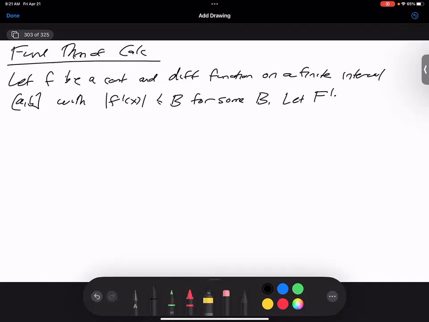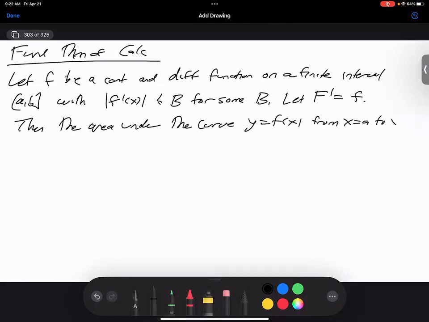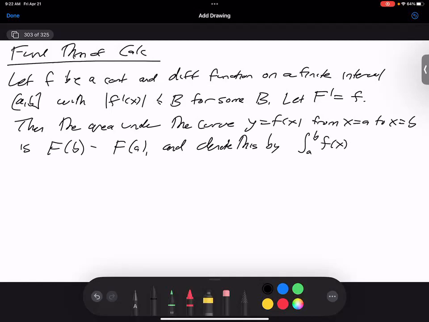Let F' = f, so F is any antiderivative. Then the area under the curve y = f(x) from x = a to x = b is F(b) − F(a), and we denote this by writing the integral from a to b of f(x) dx.